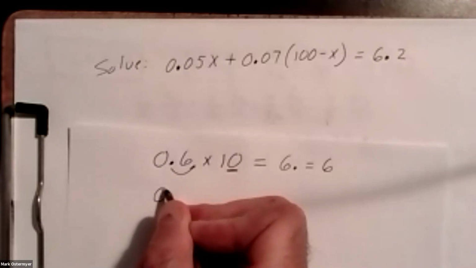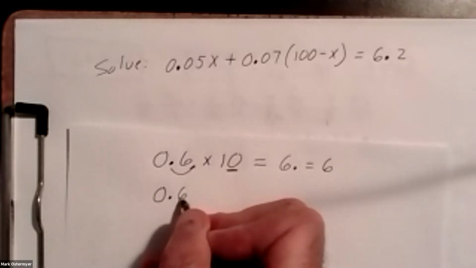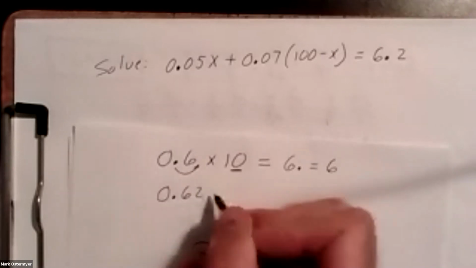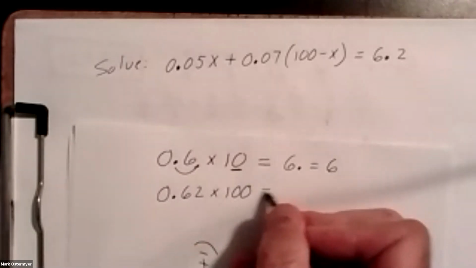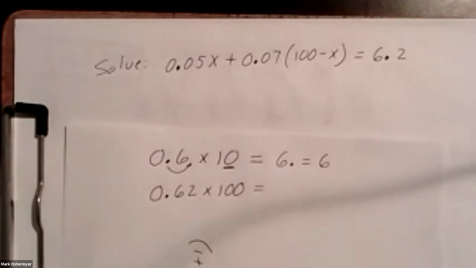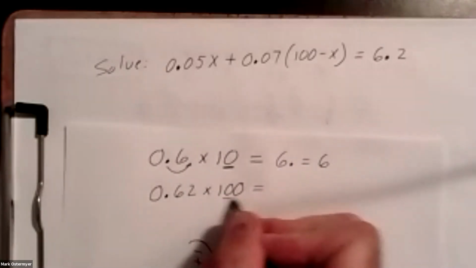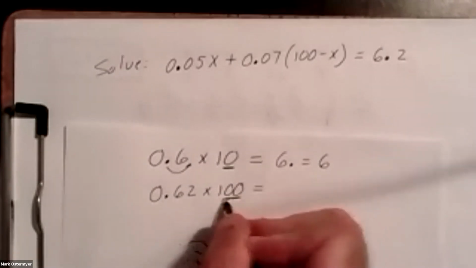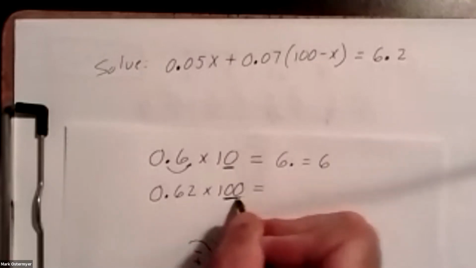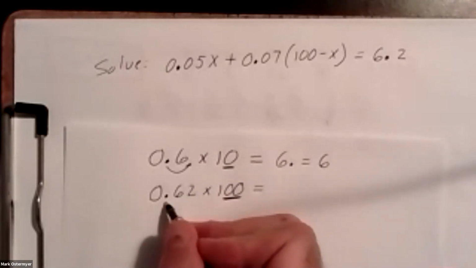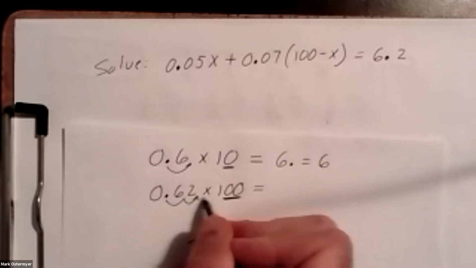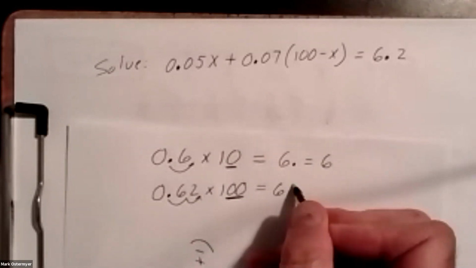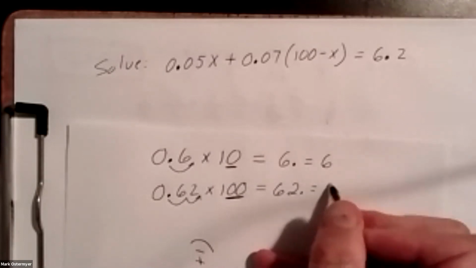Now watch this. If I have the decimal 0.62, and if I multiply this by 100, now my decimal point gets shifted not one place to the right, but what? 2 places to the right. So now my decimal point is going to get shifted 2 places to the right. So 0.62 becomes really just what? 62.